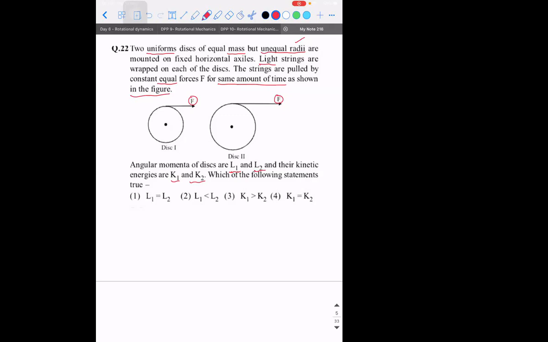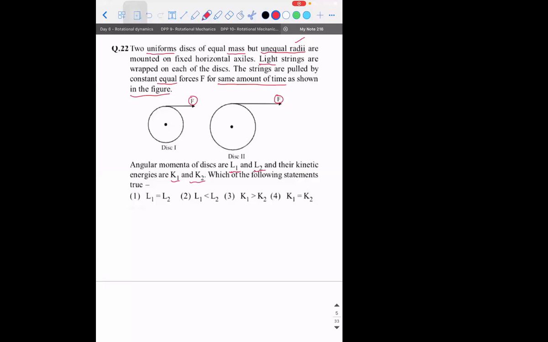Now, how are we going to think? There is no data that is given. What comes to our mind? So I think this question asks for the L1, L2 relation and the K1, K2 relation. So we have to find both.